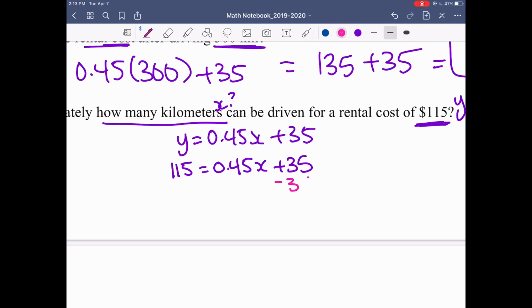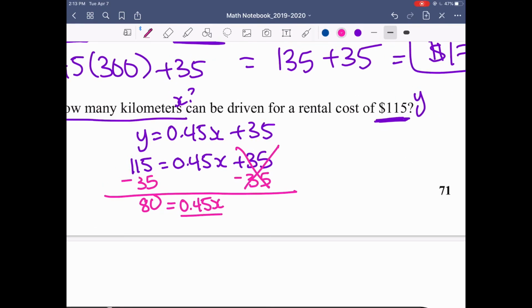So minus 35, cancel these out. 115 minus 35. 5 minus 5 is 0. 11 minus 3 is 8. So that would be 80 equals 0.45x. And these cancel out. And now to get x, you have to divide by 0.45, divide by 0.45.